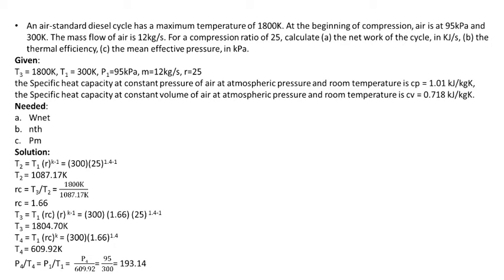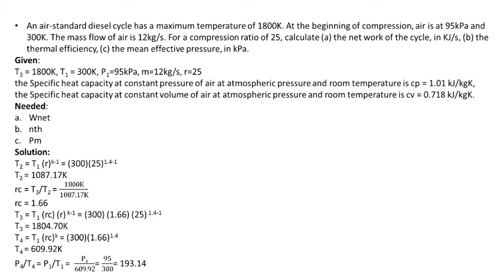In order to solve this problem, we must first identify the given factors. T3 equals 1800 kelvins, T1 equals 300 kelvins, P1 equals 95 kilopascals, m equals 12 kilograms per second, r equals 25.